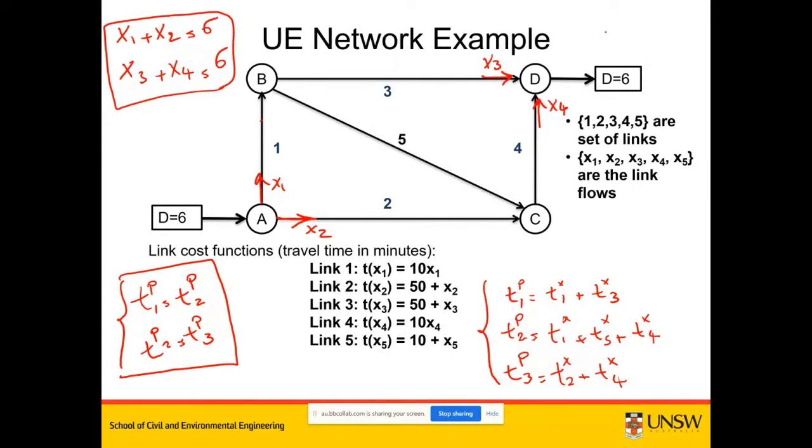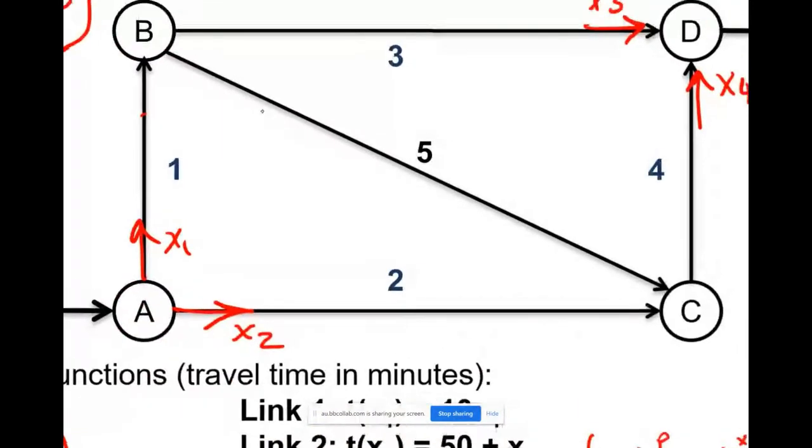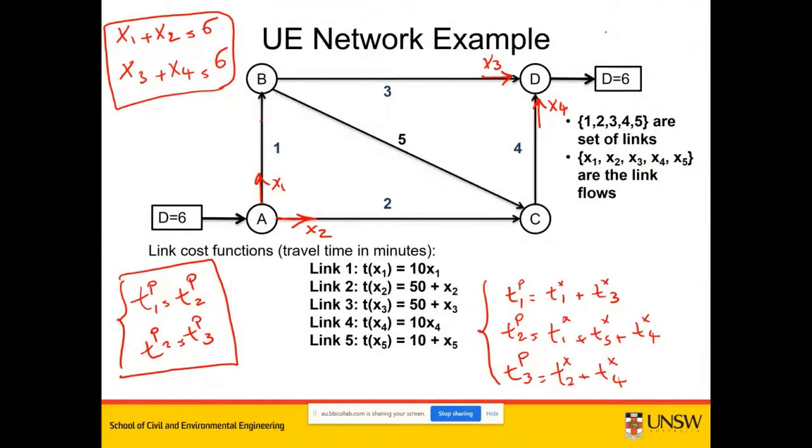So what does flow conservation say? At any node in the network, travelers will not disappear or appear. That means if I look at node B, this is x1 going into B, and I have x3 and x5 coming out of node B, right?